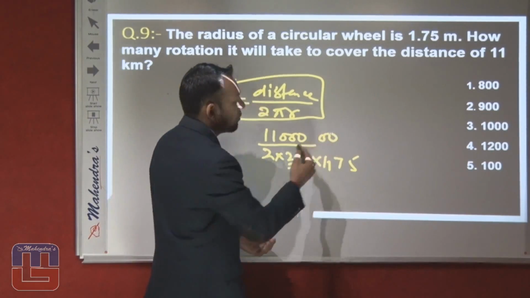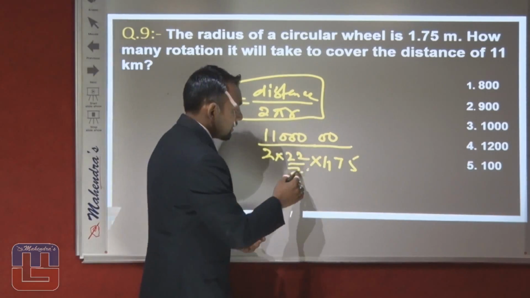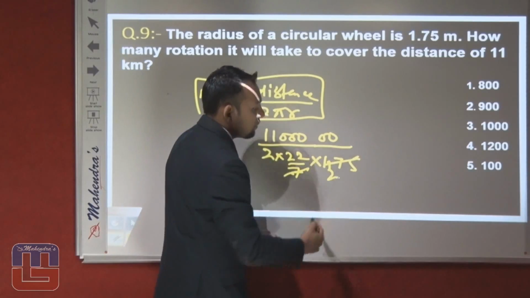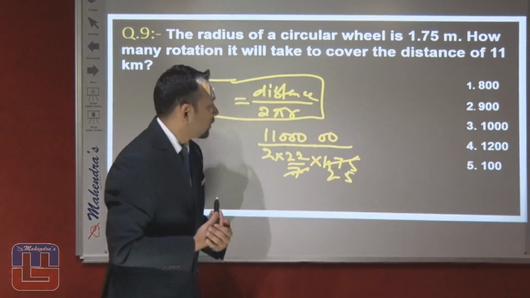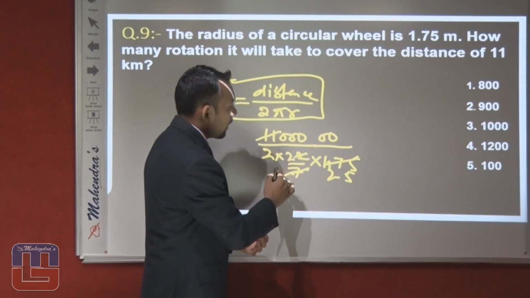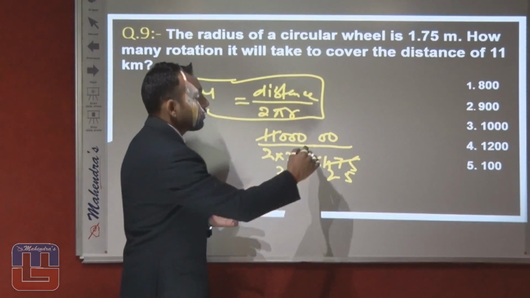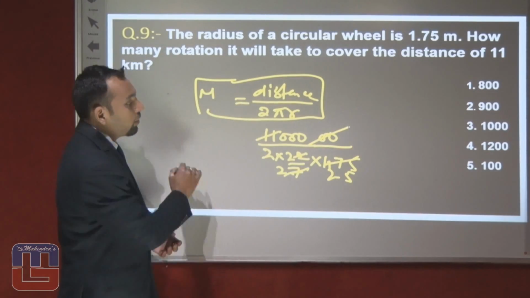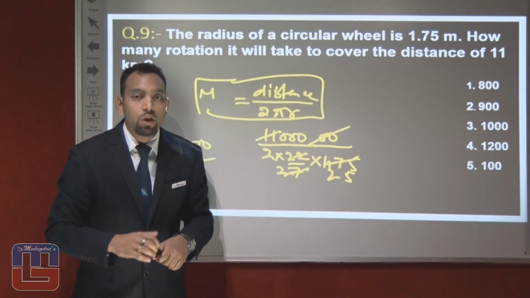The decimal point will go by this 100. Now see, 7 twos are 14 and 7 fives are 35. This 11 will go by 2 times, and then 25 into 250 into 200, so this will be cancelled. So here we will get the value 1000. So the number of revolutions will be 1000.